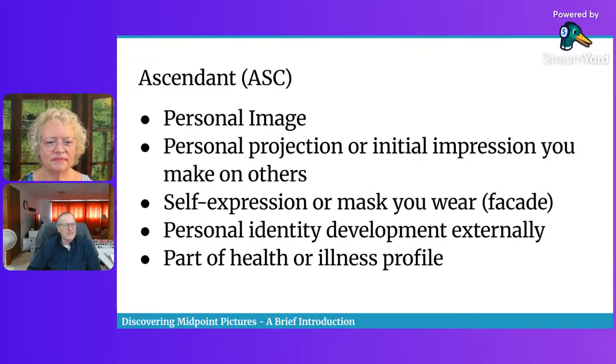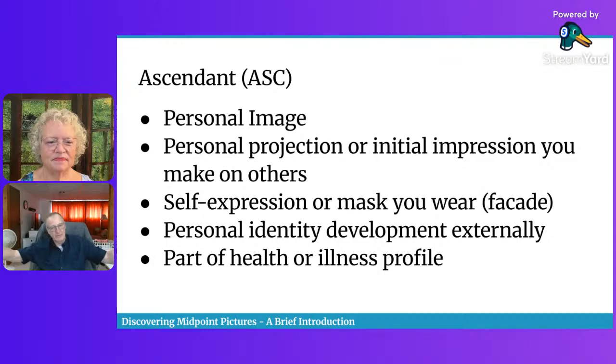Of course, there are lots of keywords out there that you can use, but what I found helps me is that I view it as personal image. I view the Ascendant opposite the Descendant. So your personal image is the Ascendant, and your public image, if you will, of your personal image is your Descendant.